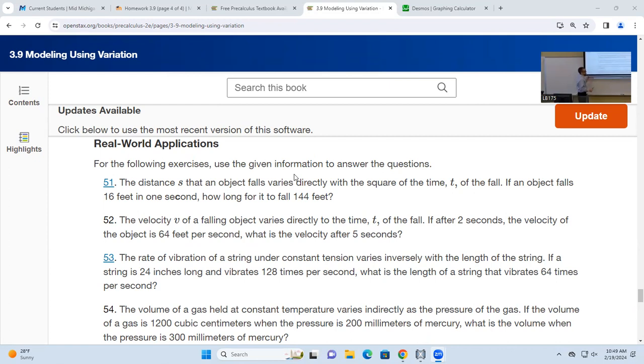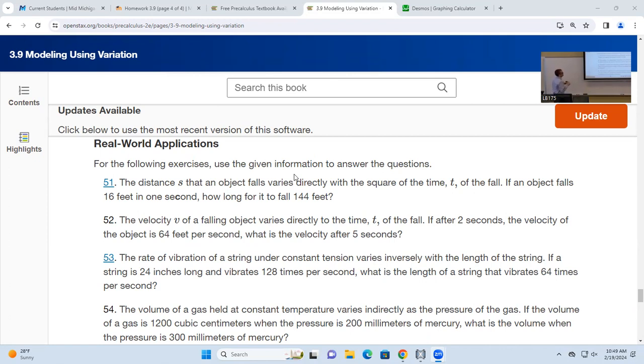I don't normally do this, but when we deal with word problems, it's kind of nice to not have to write a lot on the board, or at least not have to come up with new ideas. So this is section 3.9 of the book.